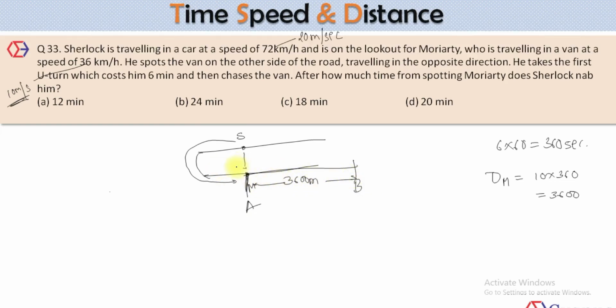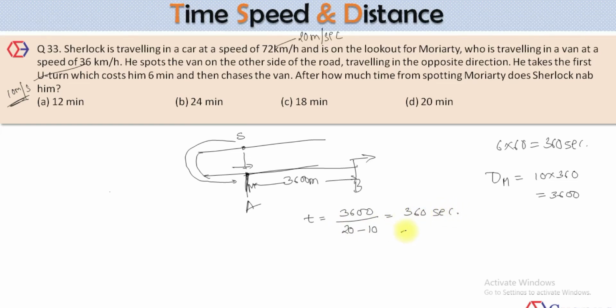Now what's the final part? Sherlock wants to catch M. M is at B. Since they are moving in the same direction, time is equal to distance by relative speed, that is 20 minus 10. How much time will it take? 360 seconds.